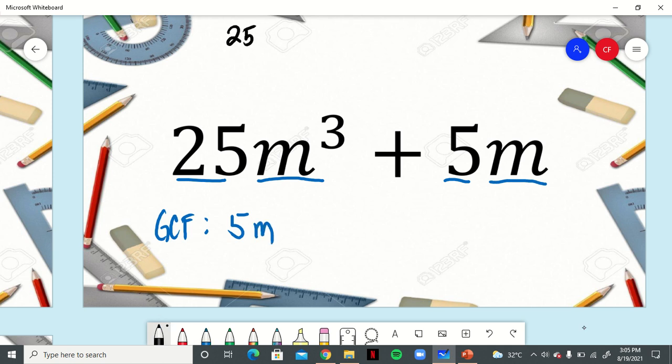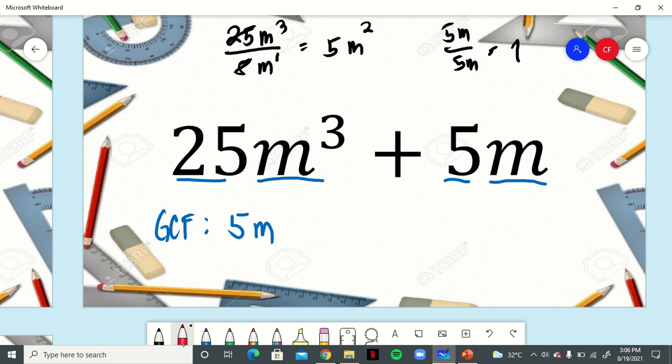So 25m cubed divided by 5m. 25 divided by 5, 5. M cubed divided by m, again minus lang, exponent natin, 3 minus 1 is 2. So bali 2, then kopyahin natin yung variable. Next, 5m divided by 5m is equal to 1.